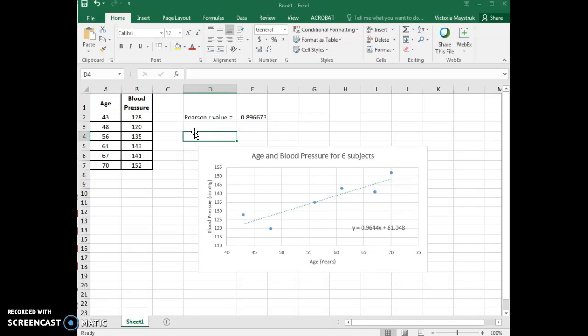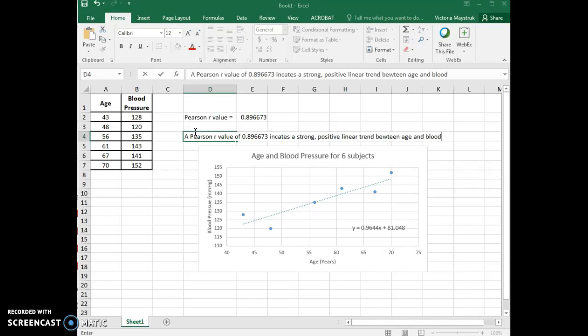In this case, a Pearson R value of 0.896673 indicates a strong positive linear trend between age and blood pressure.